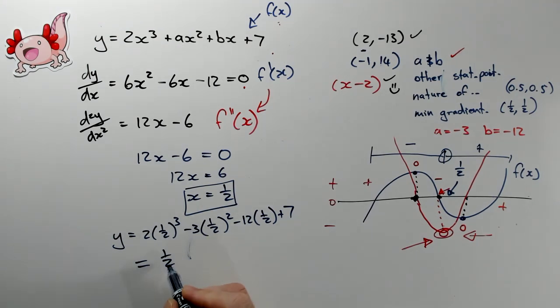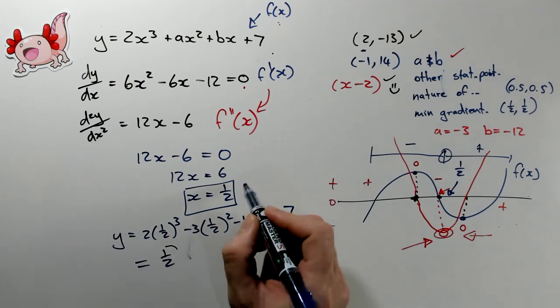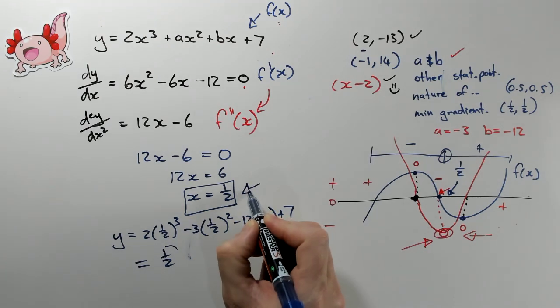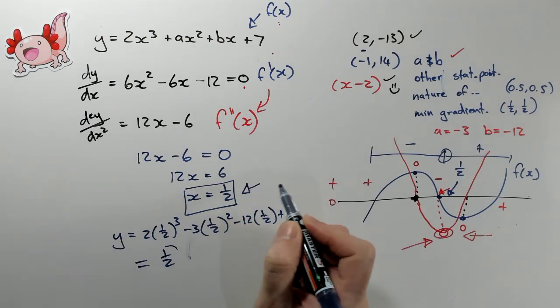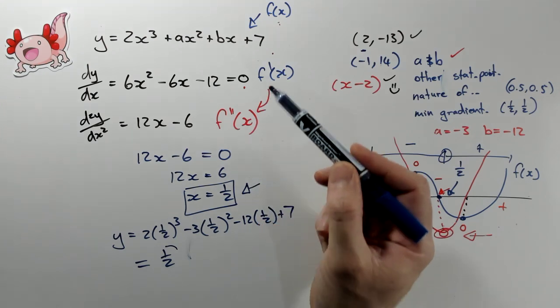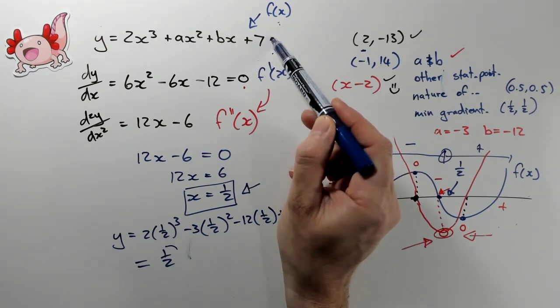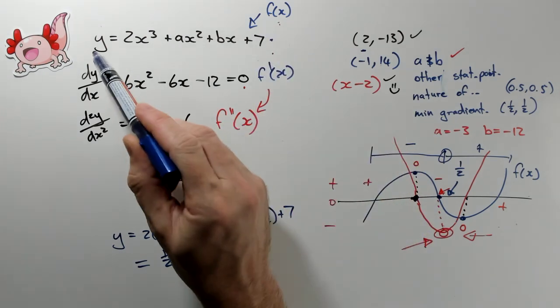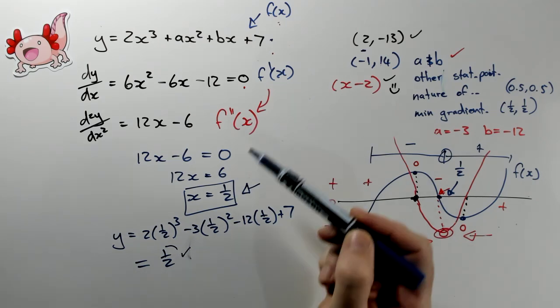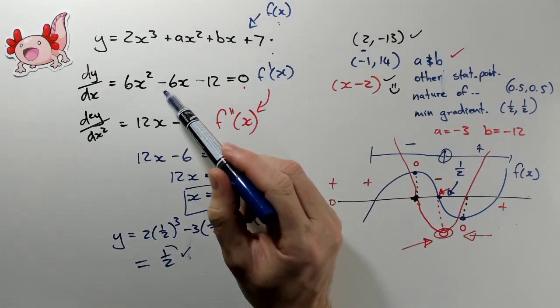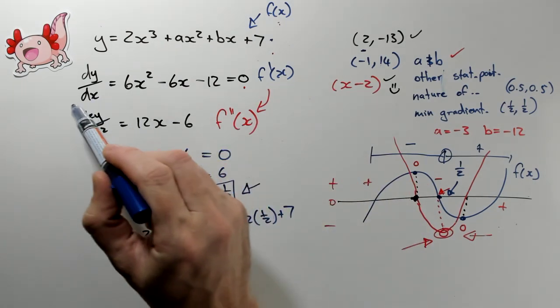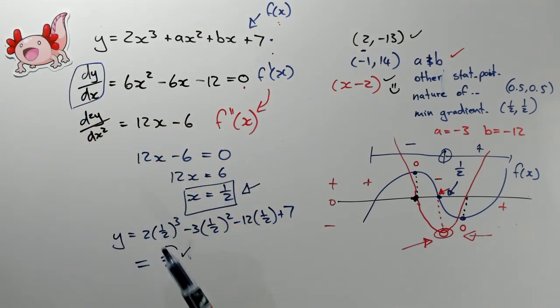So for that, we'll have to use the x value we got here. We have three options. We can put the half in here, but that will just give us a y value, and that's actually what we did here. I can put the half in here, and then that will actually give me the gradient. So that is where we're going to put it in.